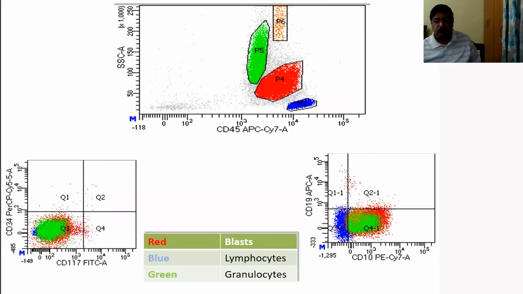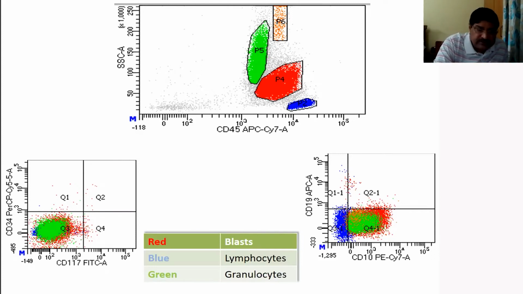Even before you do flow cytometry, since the MPO is positive cytochemically, you have no doubt that you are dealing with a patient of AML. So in this situation, you can straight away write acute myeloid leukemia. But in the previous case, you couldn't have written acute lymphoblastic leukemia with that certainty, because you could still have it as AML, or you could have it as ALL.